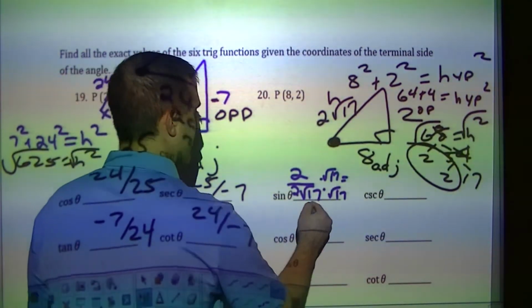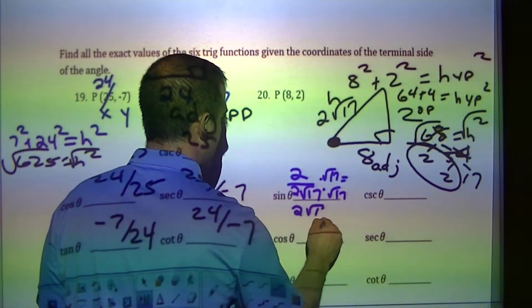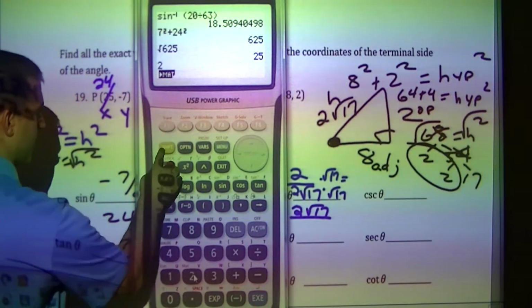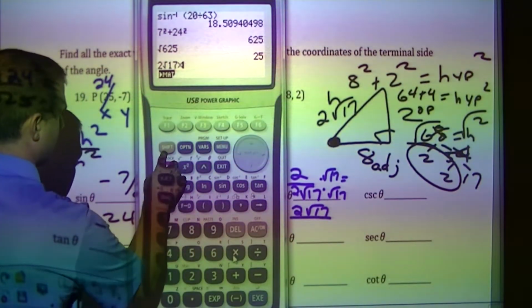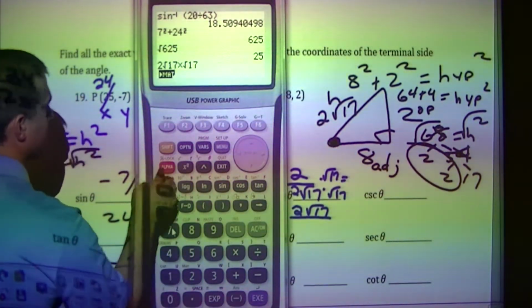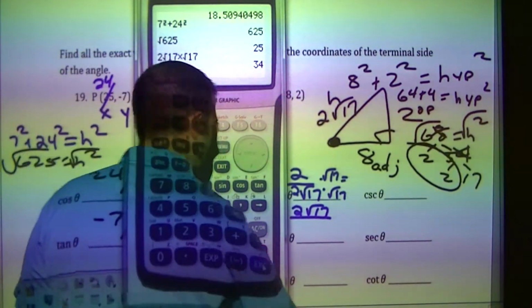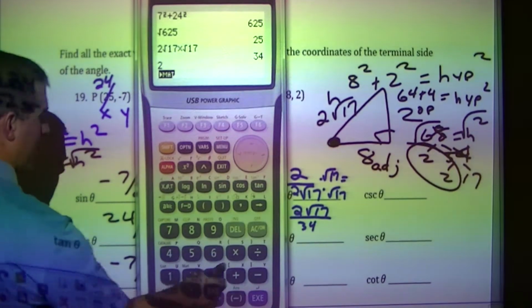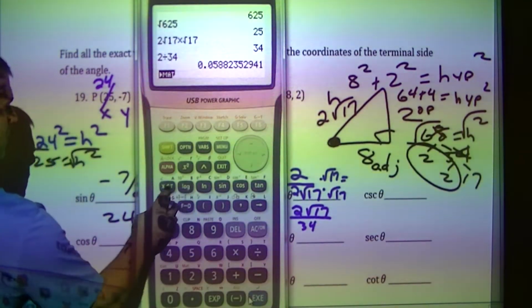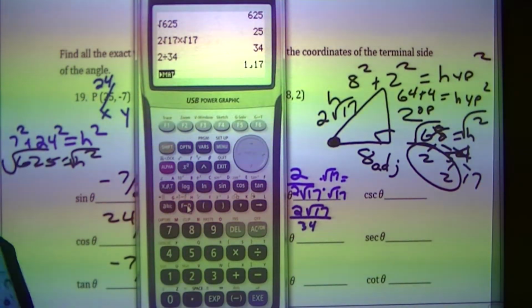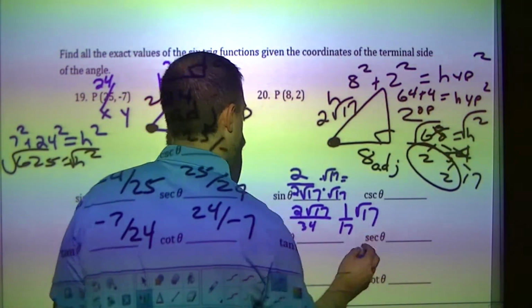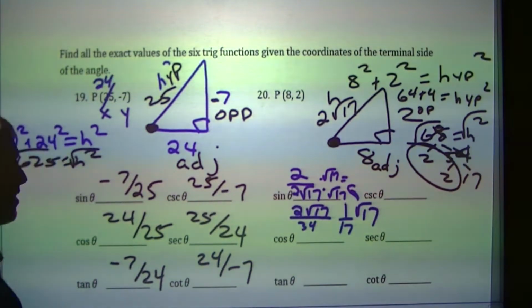So I'm going to have 2 square root of 17 over, and I'm going to use my calculator, 2 square root of 17 times the square root of 17. This makes it easier to multiply by the same thing. I get 34. And what you should do is divide 2 by 34. As a fraction, that's 1 over 17. So that's 1 over 17 square root of 17. That is your sine.